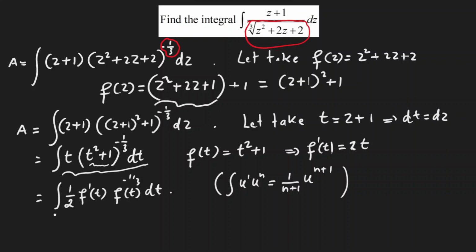So with that being said, we'll have 1 divided by 2 times 1 divided by n plus 1, which here will give us 2/3. So we have 3 divided by 2, f of t to the power 2/3.